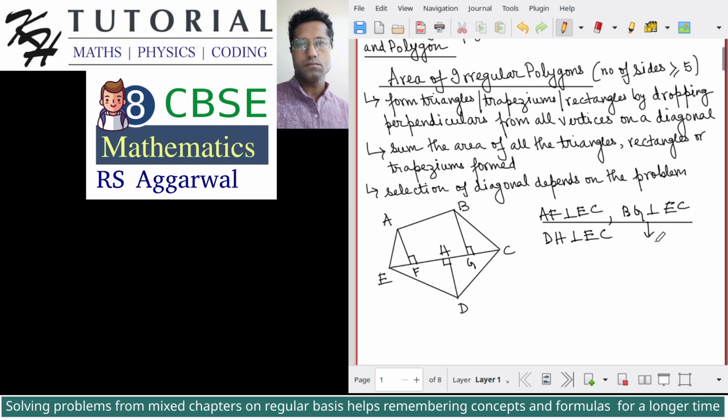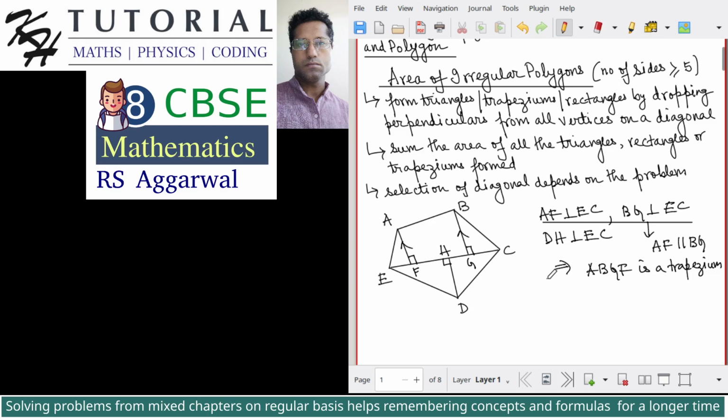This will imply that AF is parallel to BG, and so ABGF is a trapezium, since in the quadrilateral ABGF, we see that AF is parallel to BG. So ABGF will be a trapezium.